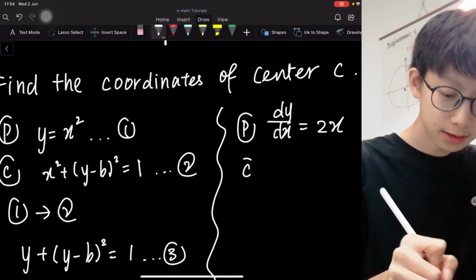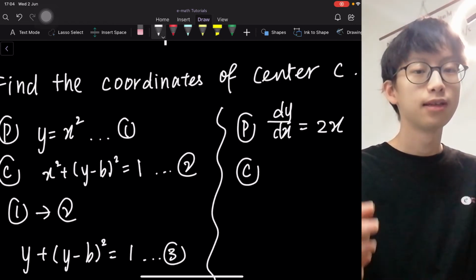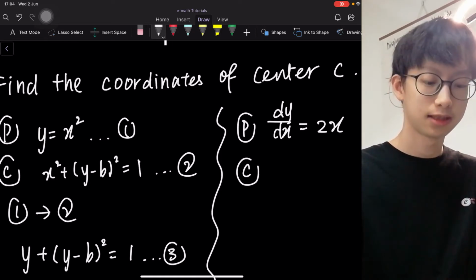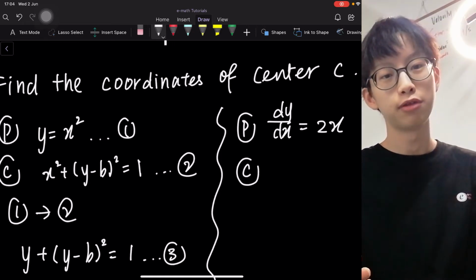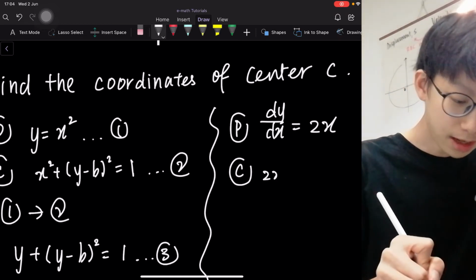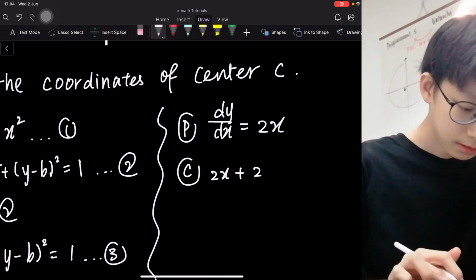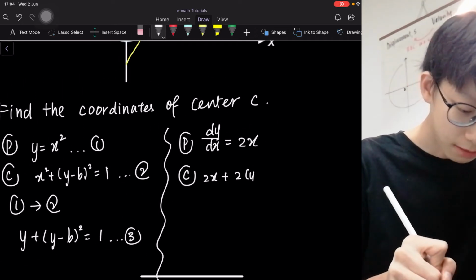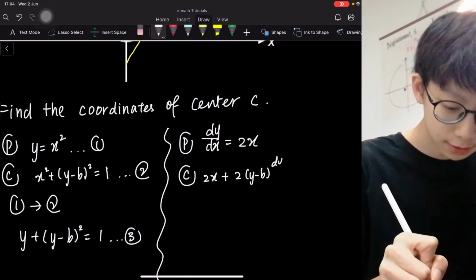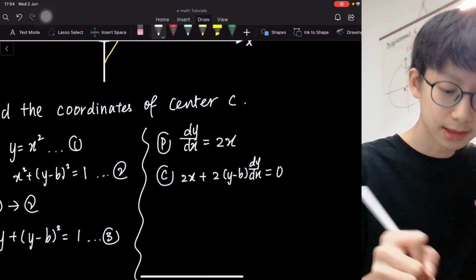For the circle, because as you can see, you can't express y explicitly in terms of x, you just do what we call implicit differentiation. 2x plus bring down the power, power minus 1, differentiate inside because of chain rule, differentiate a constant, you get a 0.